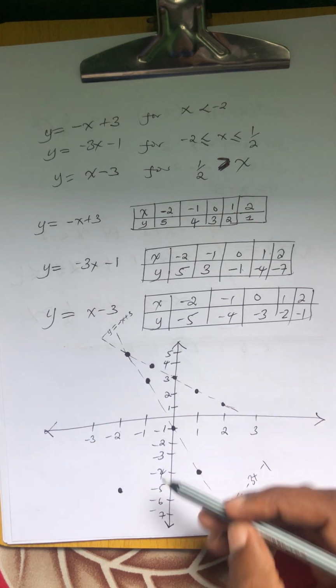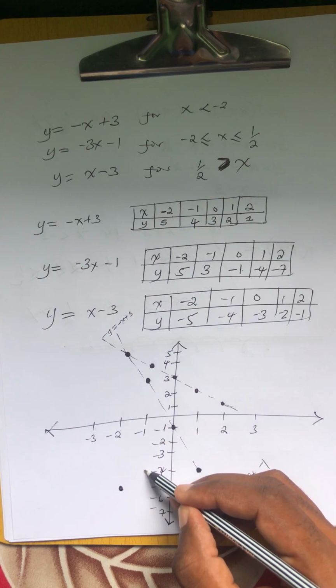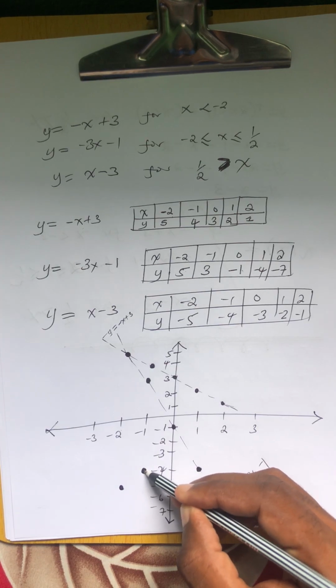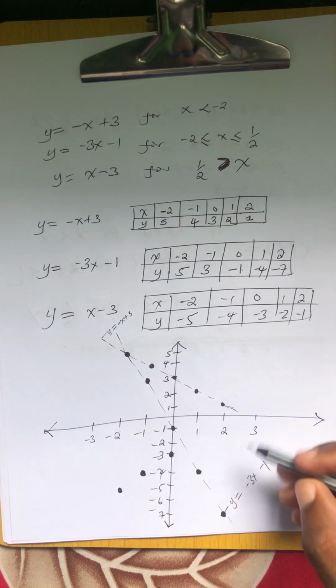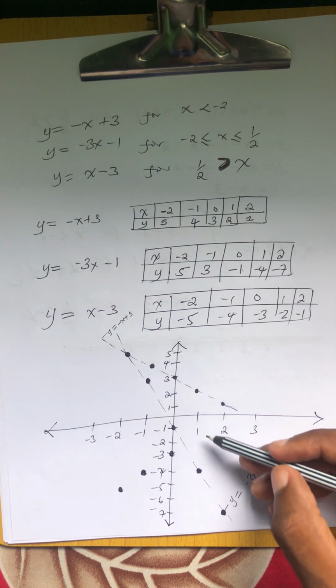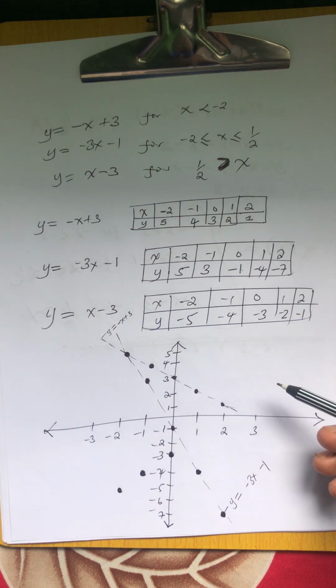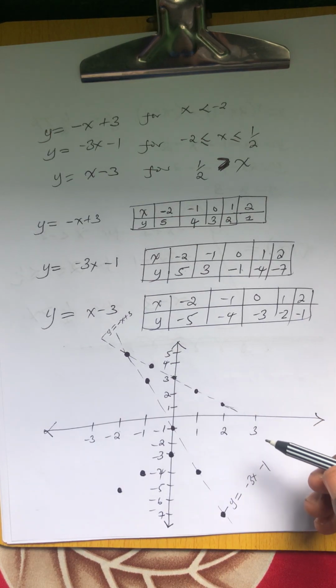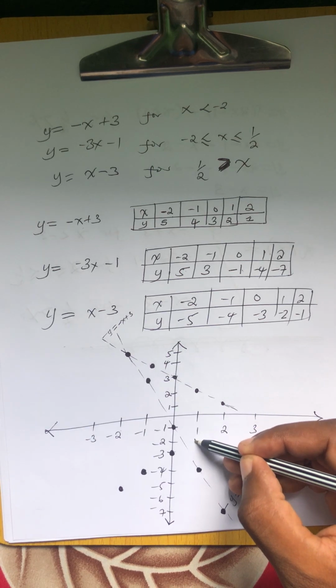Okay. There, then negative 1, 4. Negative 1, 4, it's here. Then 0, negative 3, it's here. Then we have 1, negative 2. 1, negative 2, it's here.